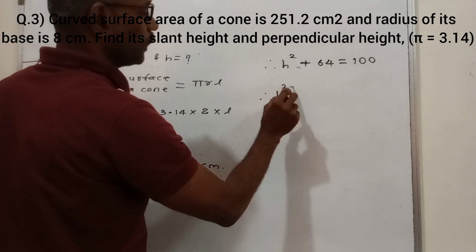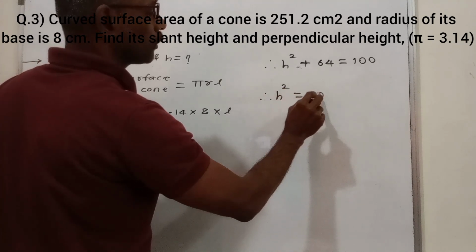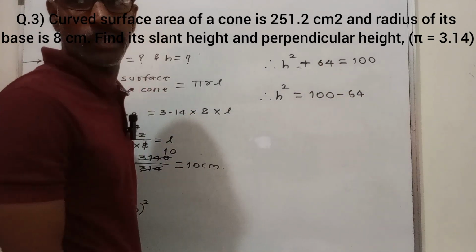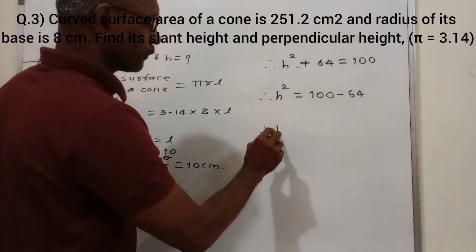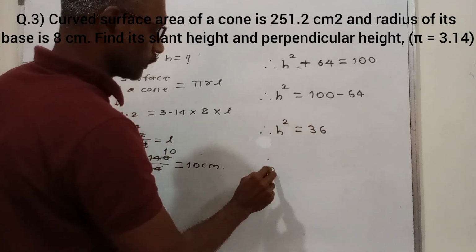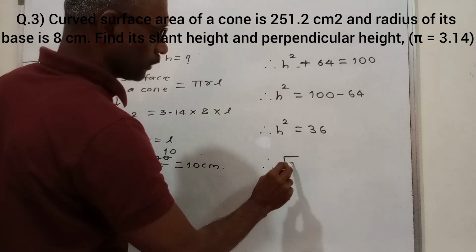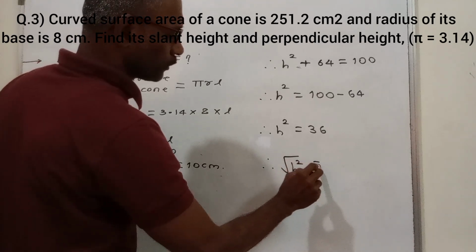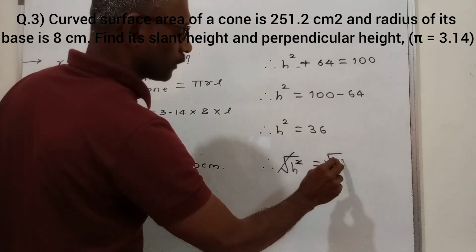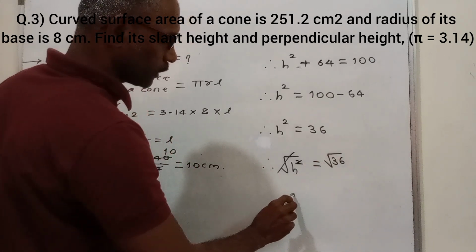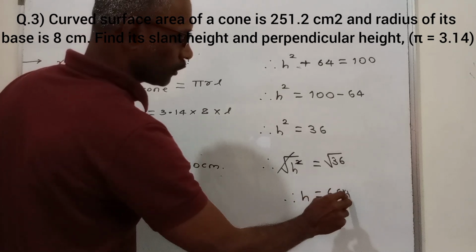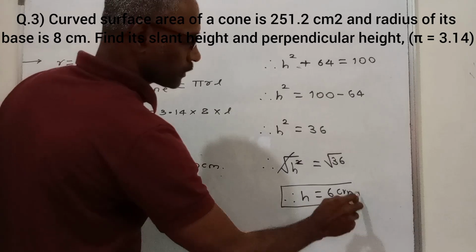Therefore h square is equal to 100 minus 64. We take like terms together. Therefore h square is equal to 36. Taking square roots of both the sides, square root and square cancel, h is equal to square root of 36. Therefore h is equal to 6 centimeter.